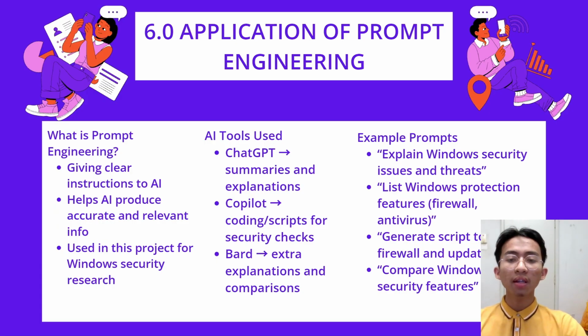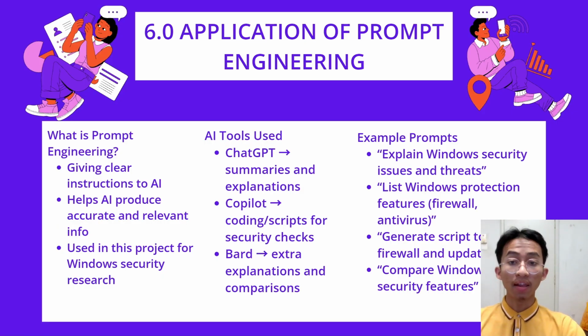So, when using prompt engineering, there are many prompts that we can use, such as explaining Windows security issues and threats. We can use these prompts in any one of the AI tools that I just mentioned.